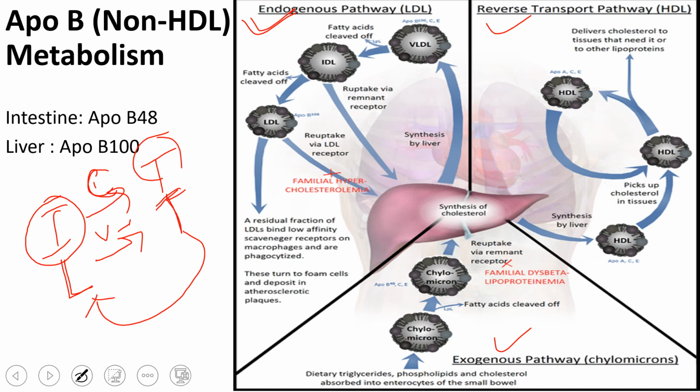So this is exogenous and this is endogenous. Then there is one more kind of transportation where cholesterol or lipid is transported from the tissue back to the liver, just opposite to the normal movement. This is called reverse cholesterol transportation. So there are three different kinds of lipid transportation: exogenous, endogenous, and reverse cholesterol transportation.